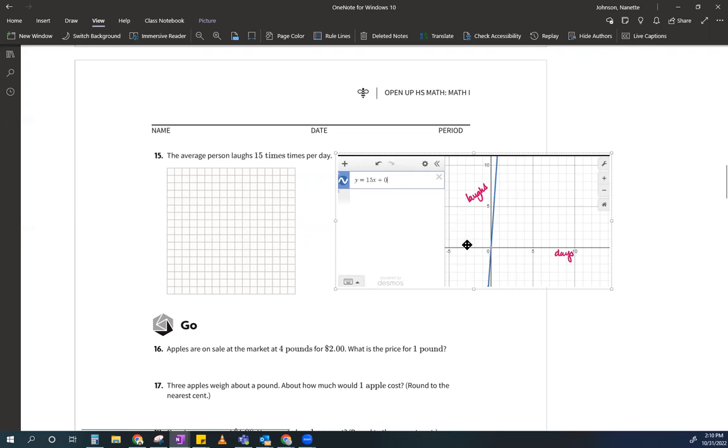So in this context, it shouldn't be continuous. It should just be discrete. It has to be discrete because there's no such thing as half of a laugh. And I'll write that half of a laugh doesn't make sense.